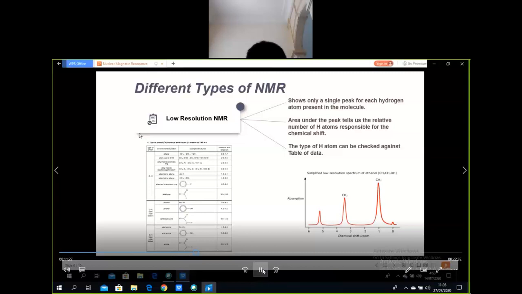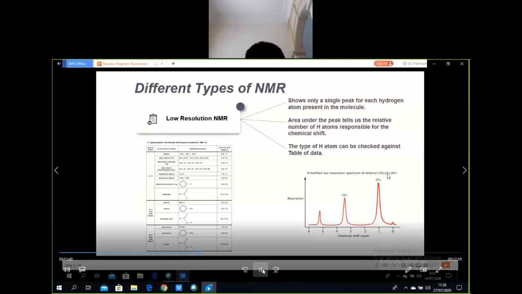For example, here shown in the example of ethanol. There are three hydrogen environments, not three hydrogen atoms, three hydrogen environments.